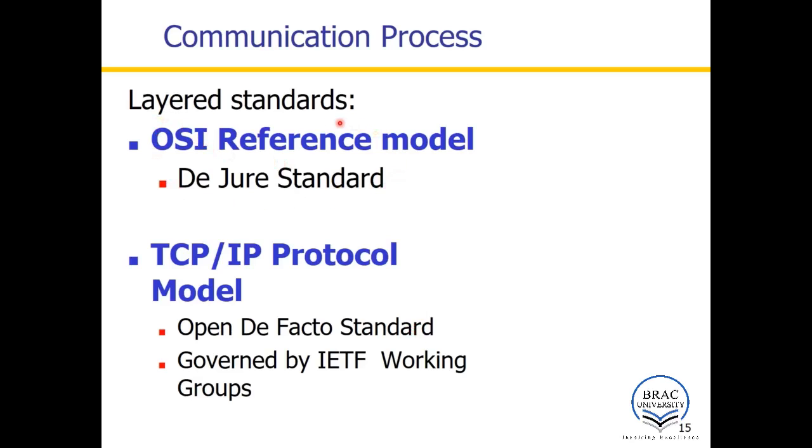So basically, OSI is the reference model that has been approved by an organization using their standard rules. And the TCP/IP model is a model whose rules have been adopted because of popularity, and not because they were already defined or approved standards.